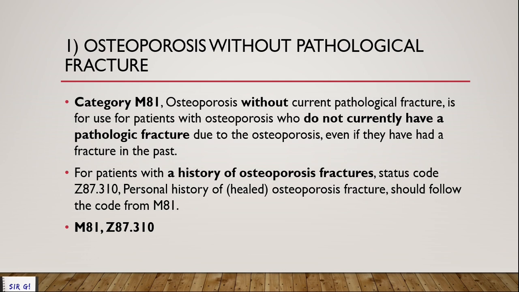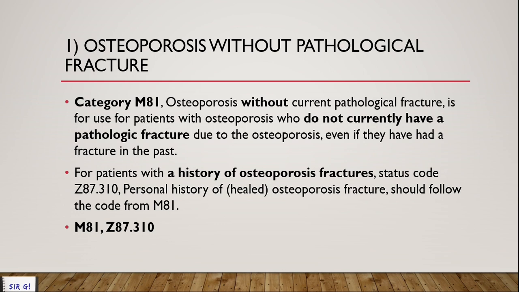Alright, so your without current pathologic fracture is used for the patient with osteoporosis who does not currently have a pathologic fracture due to osteoporosis, even if they have had a fracture in the past. So what should you do if it is specifically documented in the medical record that the patient also suffered a pathologic fracture before that is already healed?